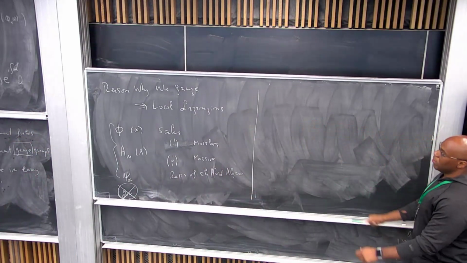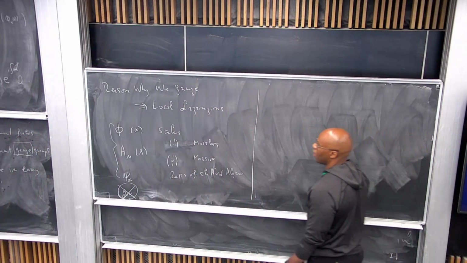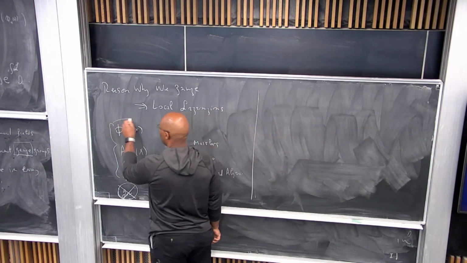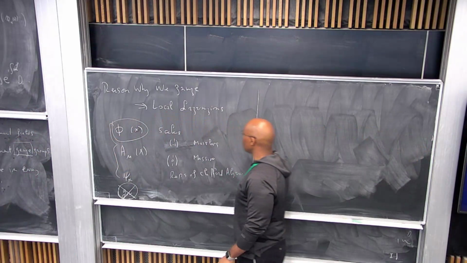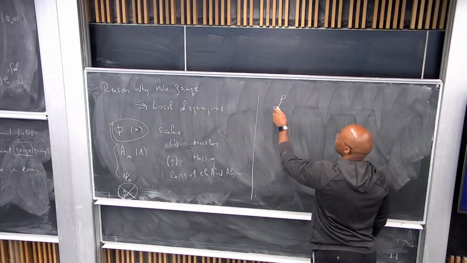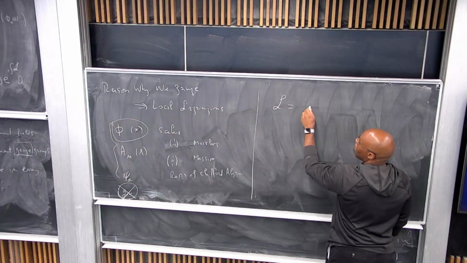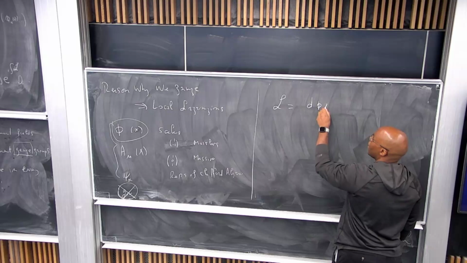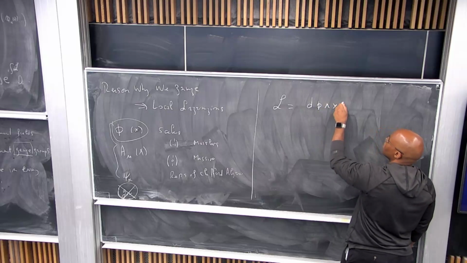The simplest QFT that I can write is just a scalar, where I have a Lagrangian, which I can write as dφ wedge the Hodge dual of dφ.